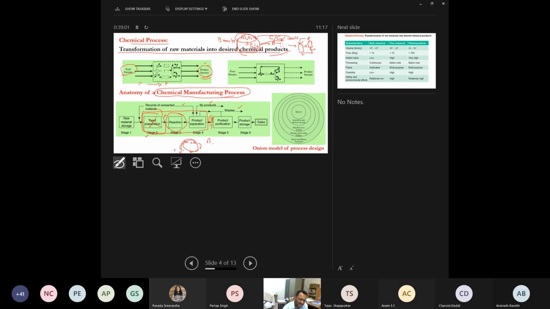Or if you want to increase the quality of the product, we have to go for the product purification stage. Then finally send to the storage, then finally reach the market.